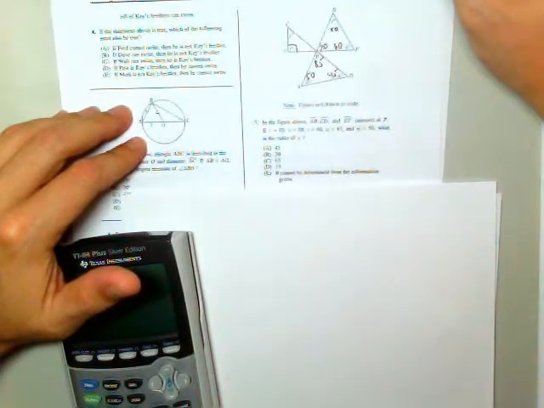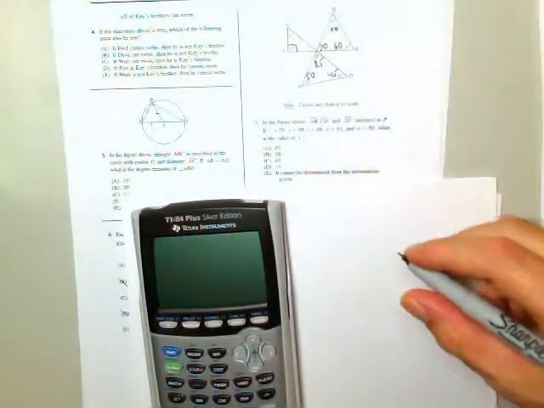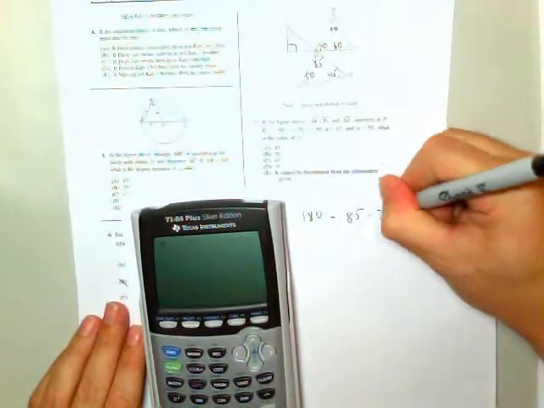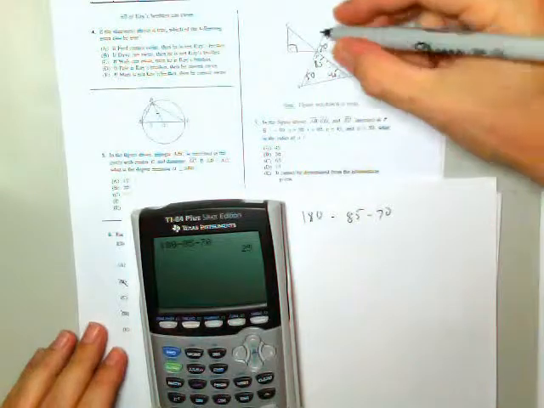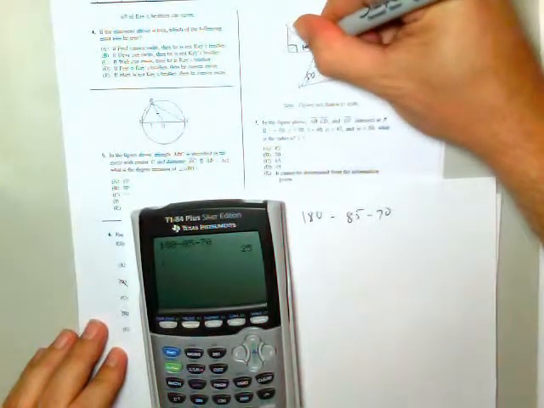If any of these, they don't look to be. So it's that. Okay. Well, then I can say this is 180 minus 85 minus 70. So this one is 25. So this one is 25.